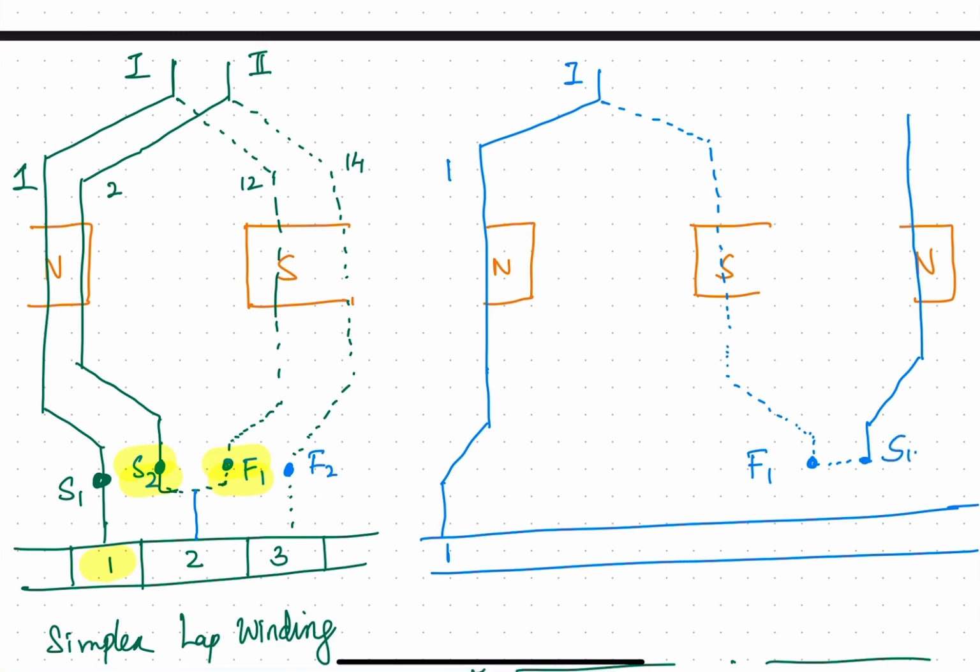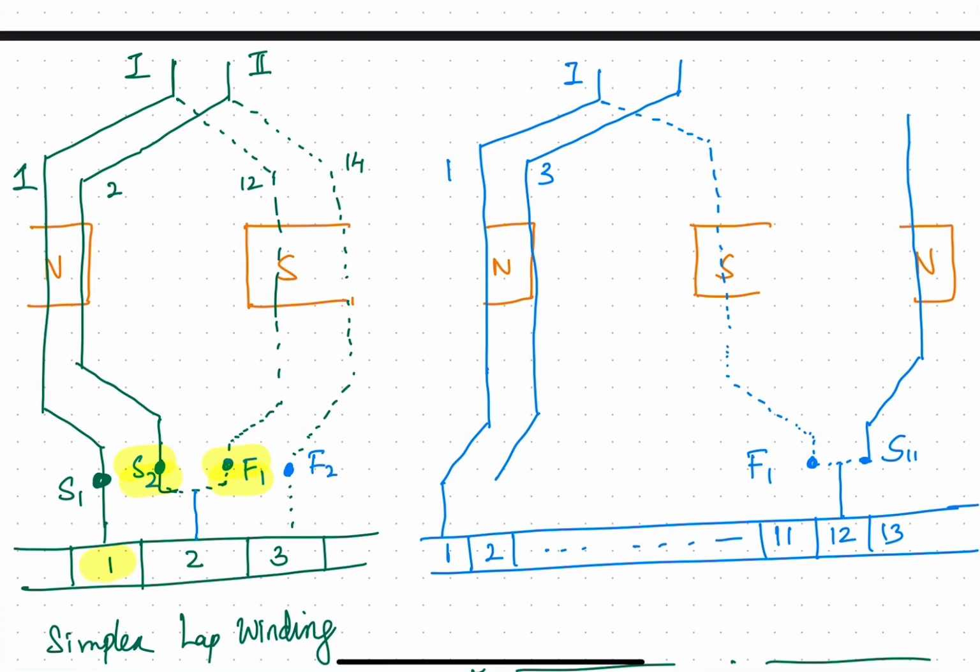This is S11 or the start of coil number 11. So this is commutator segment 1 to here. This is going to be the segment 12. This is 13, this is 11, and like this there are going to be other segments. Similarly, if you have another coil here, coil number 3, let's suppose, that will go like this.